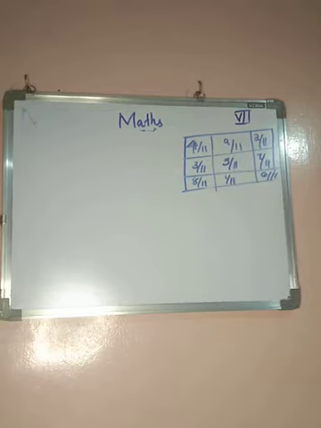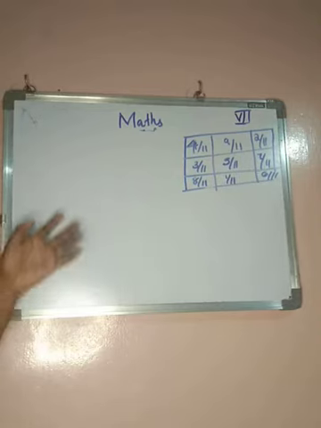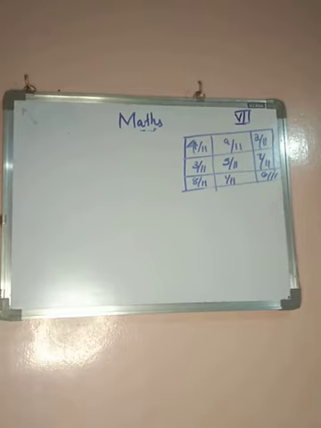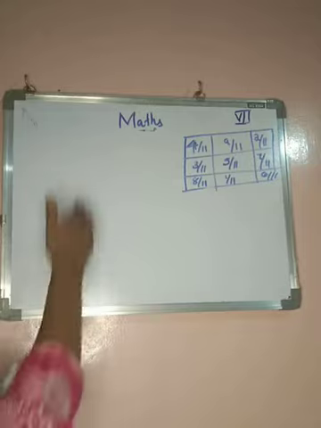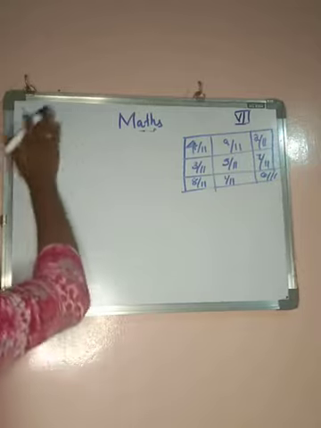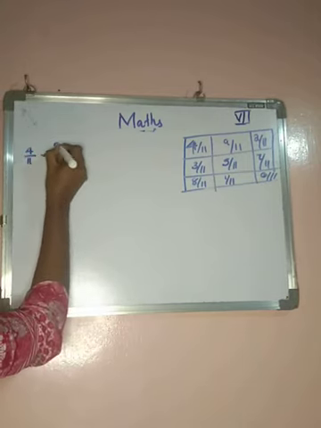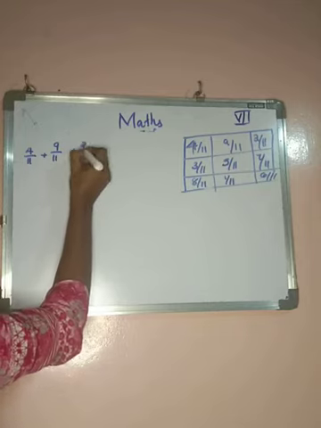In a magic square, the sum of the numbers in each row, each column and along the diagonals is the same answer. First we check the first row. 4 by 11 plus 9 by 11 plus 2 by 11.